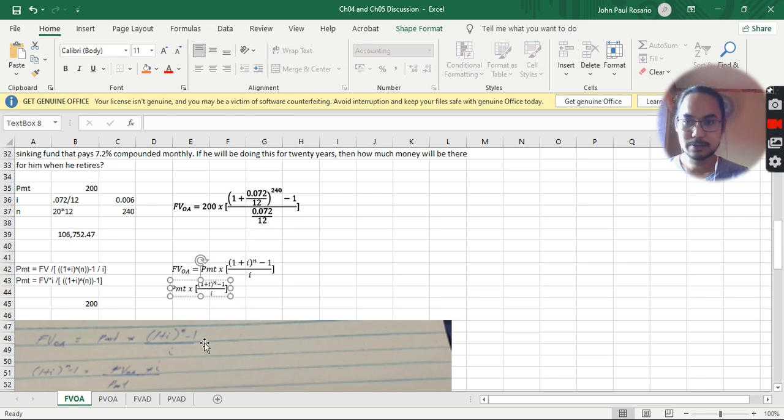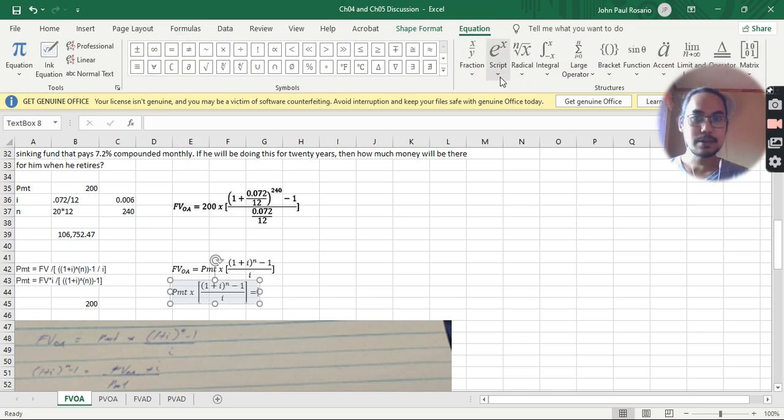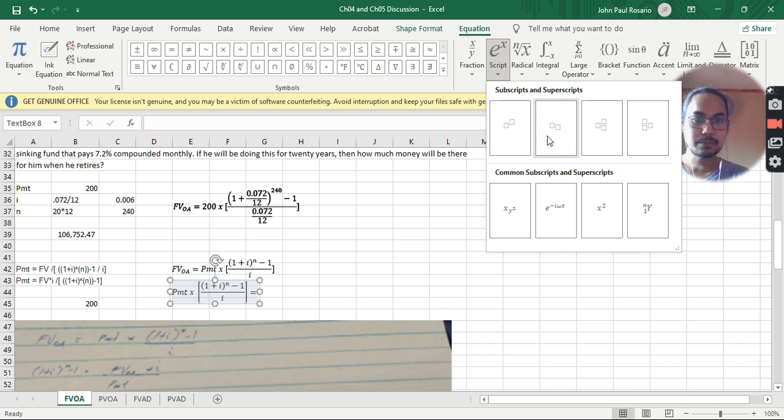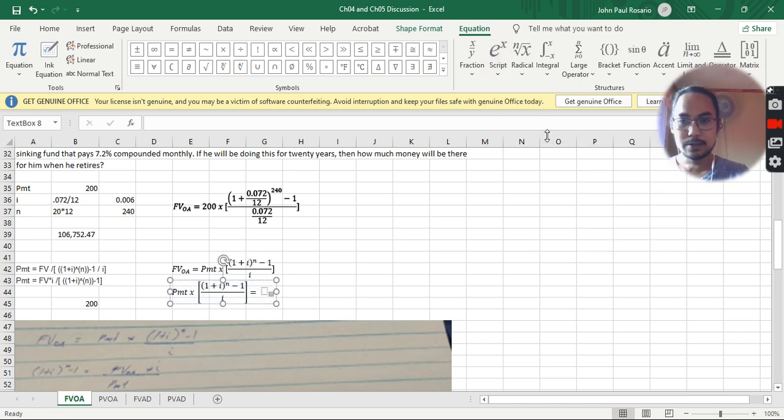Ah, okay. Equals the equation scripts. Okay, this one. So FV ordinary annuity. Okay. So this is the transition formula, no?